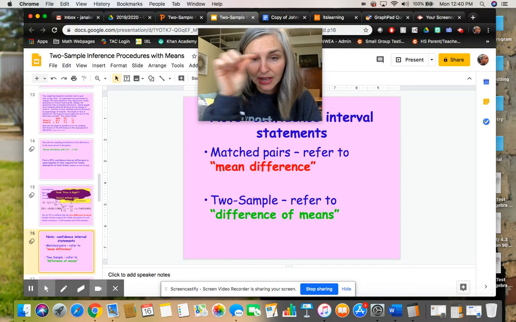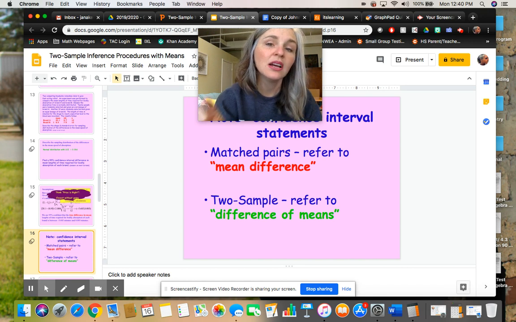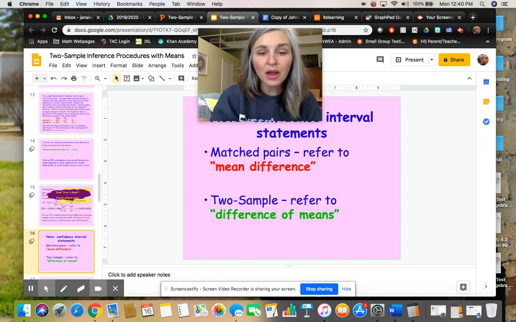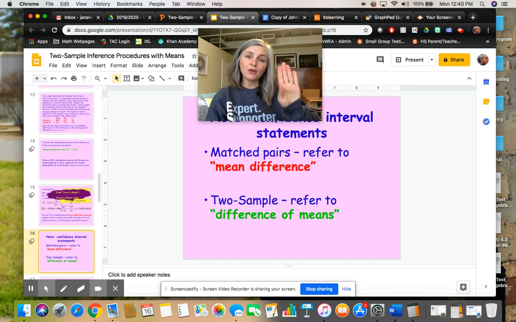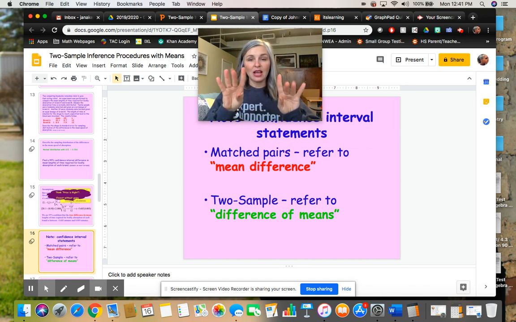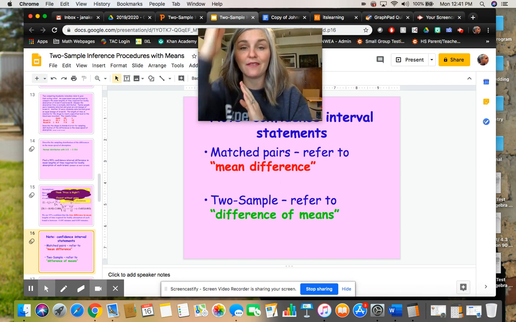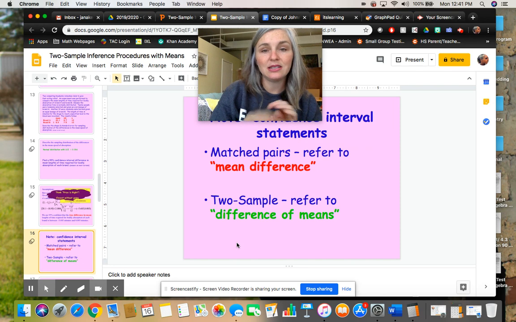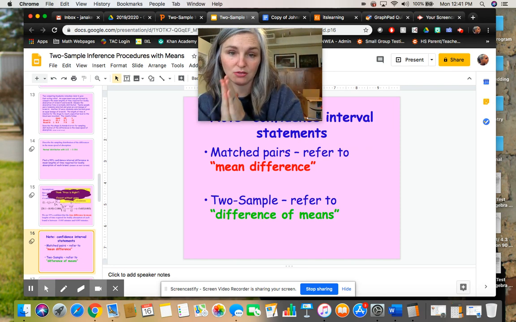You subtract, subtract, subtract, and you do all your math based on one column of data of the subtractions. But when we're doing a two-sample inference, you're getting a mean for one and a mean for the other, and a standard deviation for one and a standard deviation for the other, and then you're subtracting. So there's a difference between the mean difference, which is I take a difference and then find the mean of it, and the difference of means, which means I find a mean for each and subtract them. Okay, that's the difference.